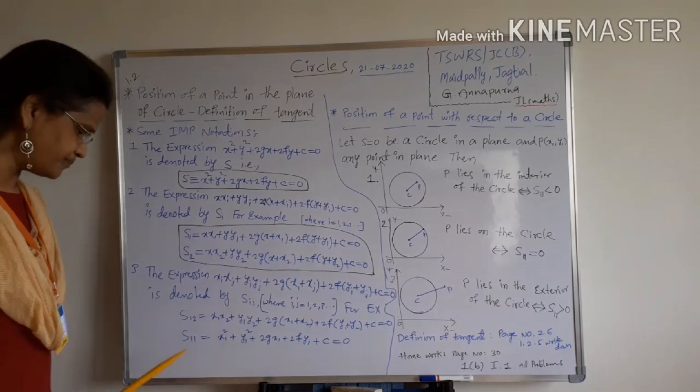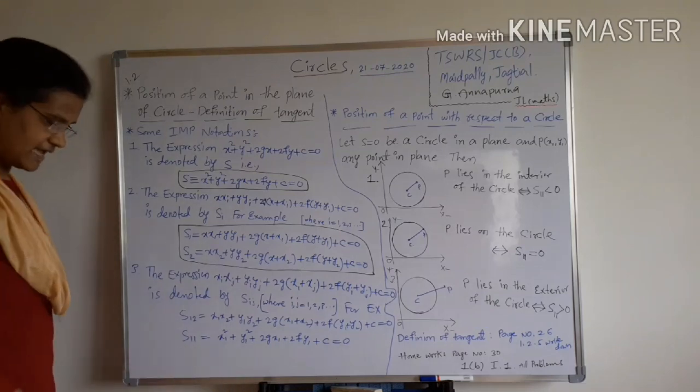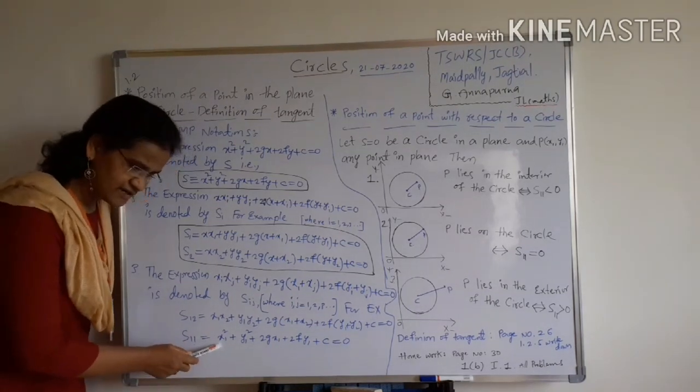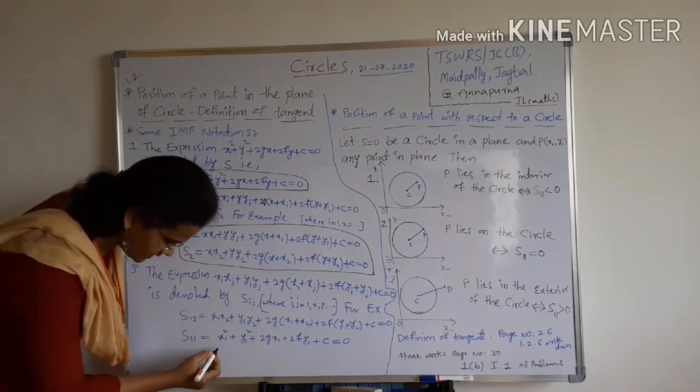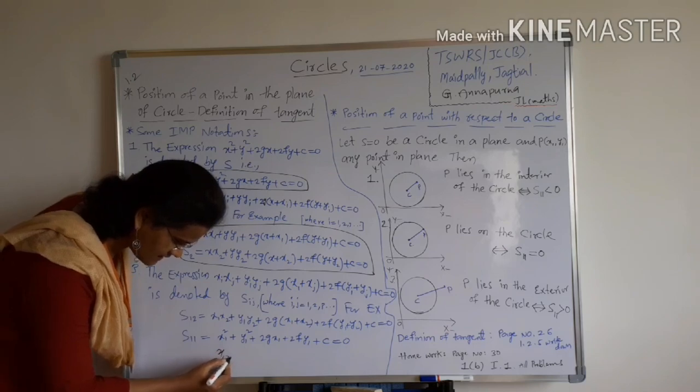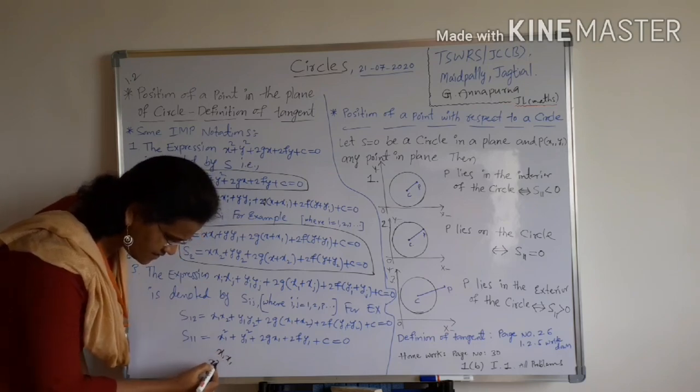At the same time, S11: here also x1 into x1 comes, that means x1 square.